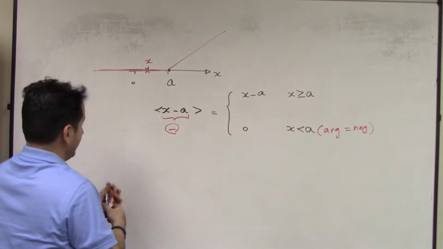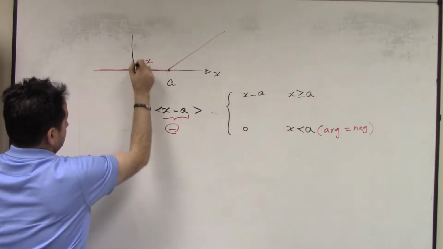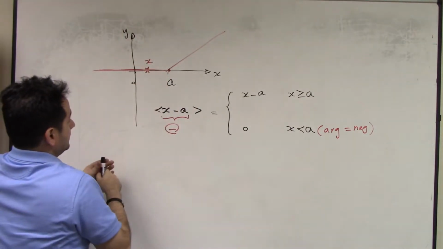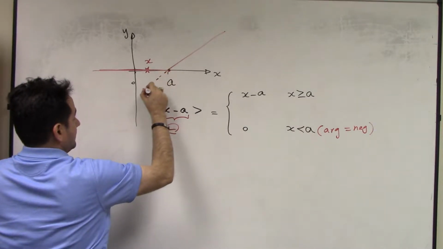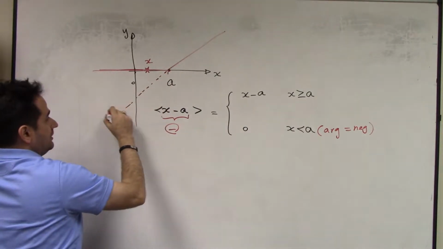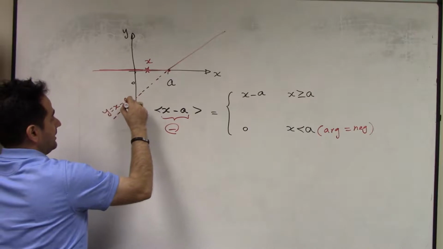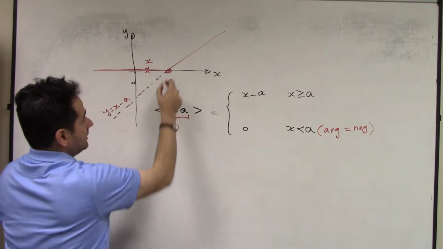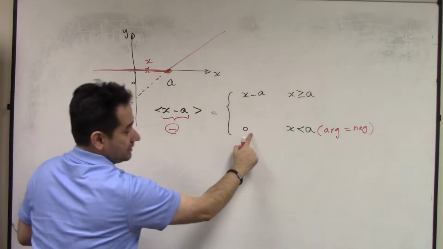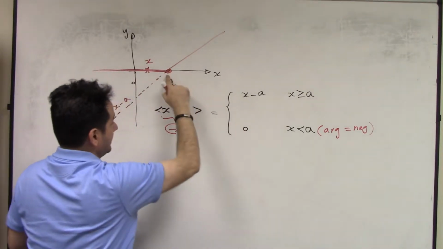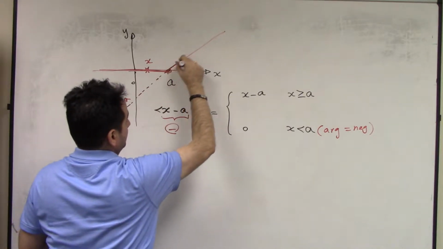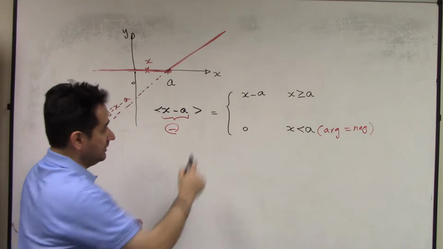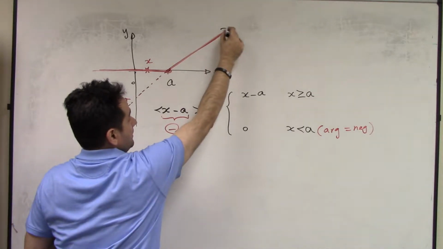You see, if you have x and y, this line is y equal to x minus a. So before x equals a you have 0, and after a you have this line. So at the end, the value of Heaviside is this curve.